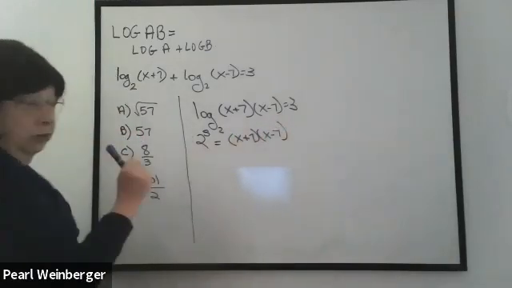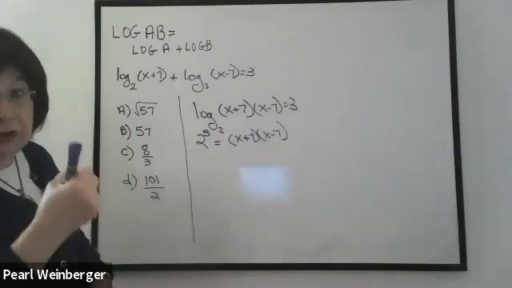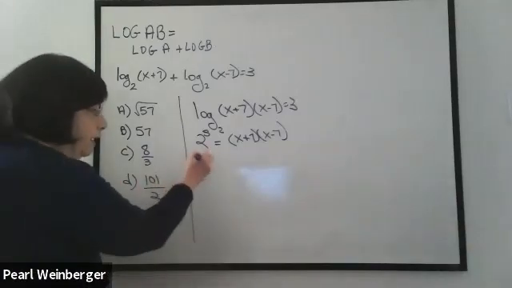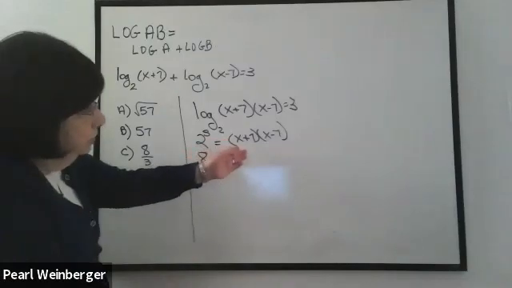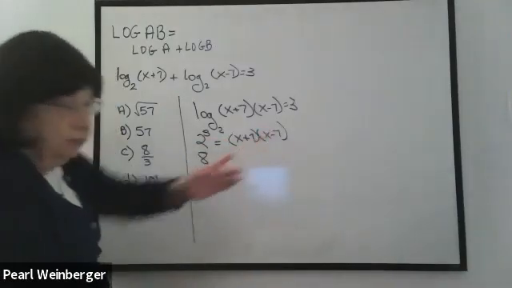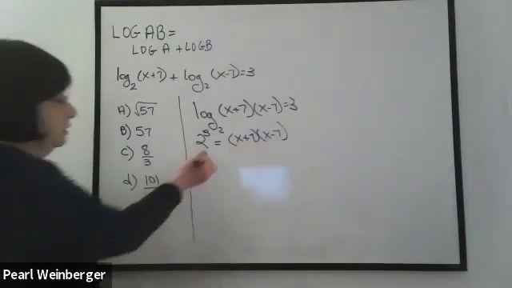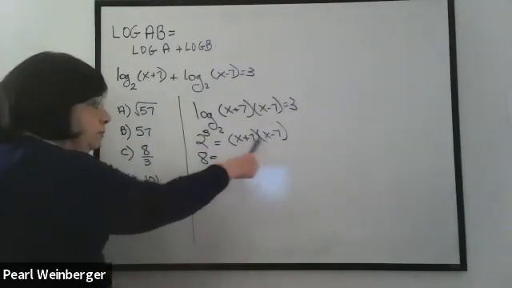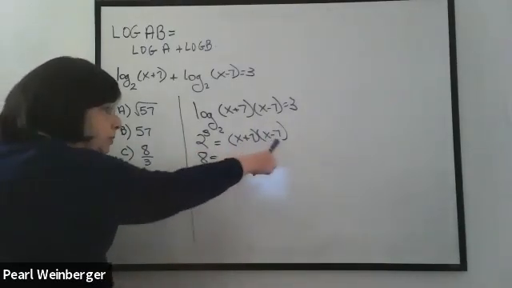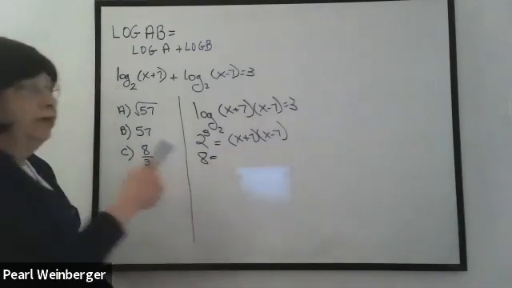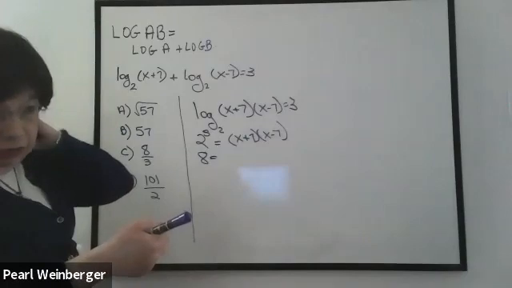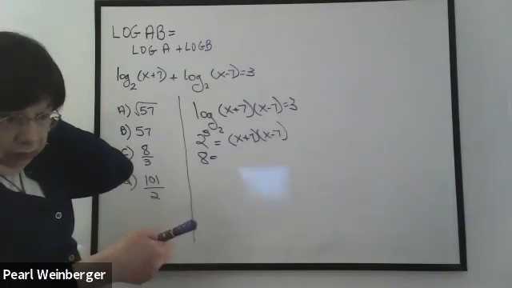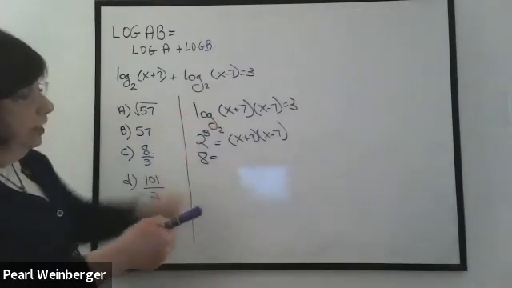And I know what 2 to the third is. 2 to the third is 2 times 2 times 2. That's simply 8. And I can also multiply the x plus 7 times the x minus 7. I can remove the parentheses. These happen to be conjugate binomials, so I don't have to do the whole FOIL. I could just do first and last.